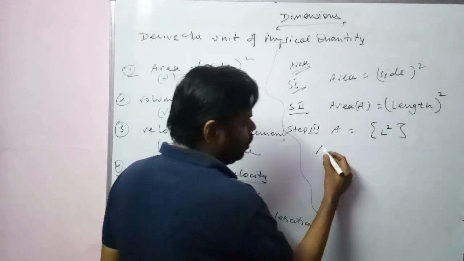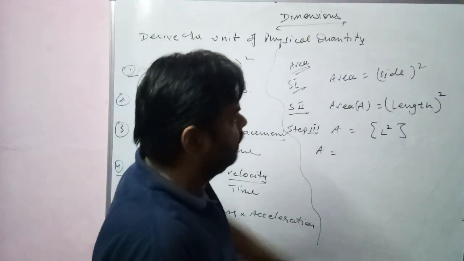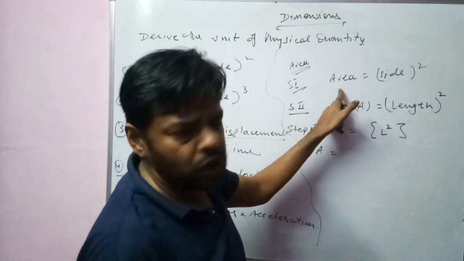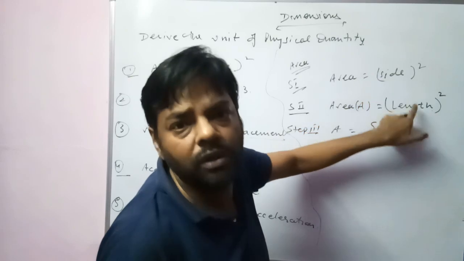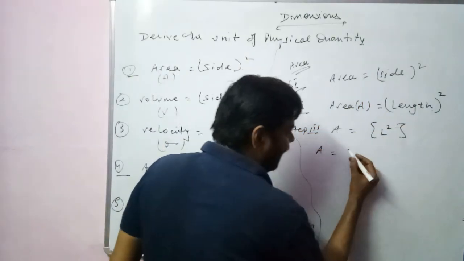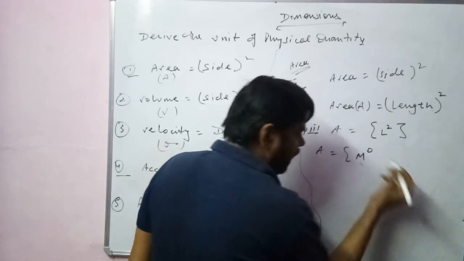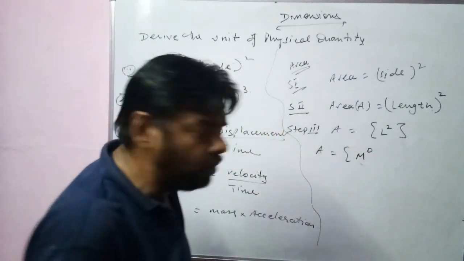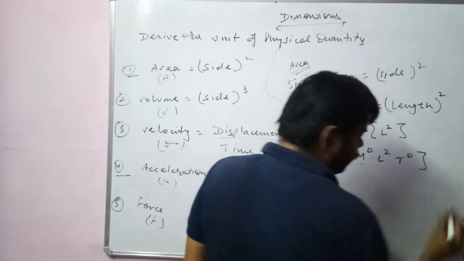Now, if we want to make a generalized result in terms of M, L and T, remember, the calculation of area does not involve mass, it does not involve time, it involves only length. So the derived unit for area can be written as M0, L raised to power 2 and T raised to power 0.